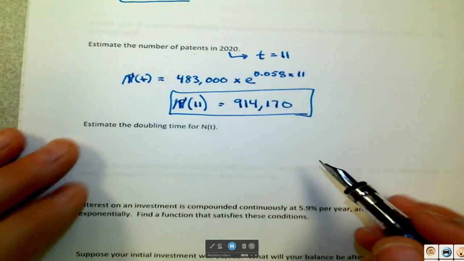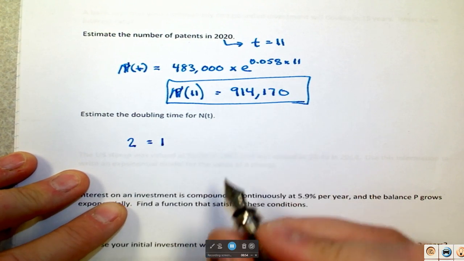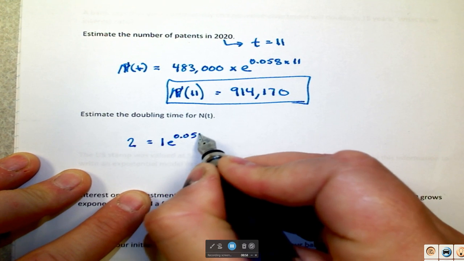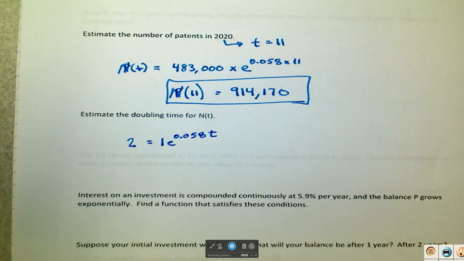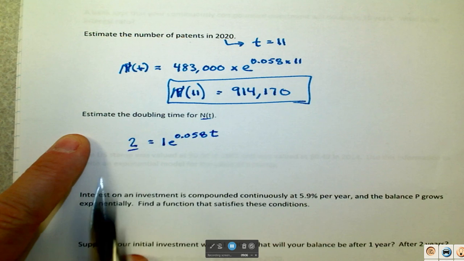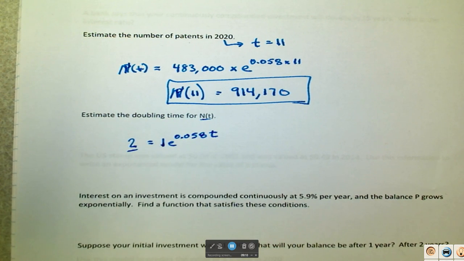Well, I'm going to be really lazy and use 2 equals 1 e to the 0.058 t. Now, basically what they've done, guys, is they've told us that this guy is 2 times whatever you put here. It's double whatever you put there. Okay, so I want to solve this.